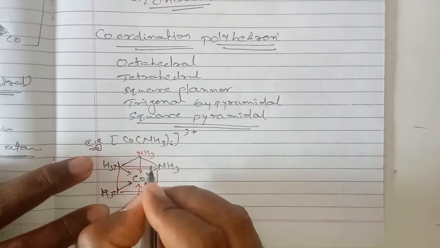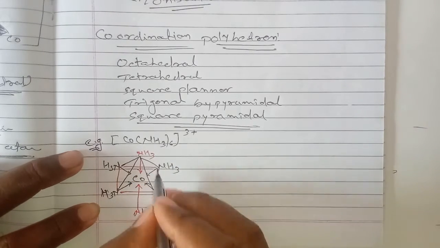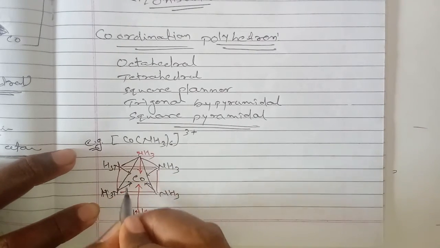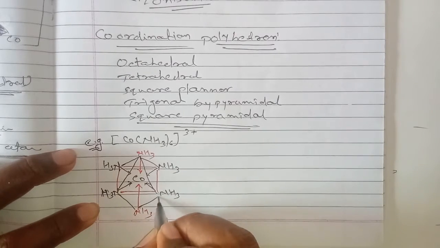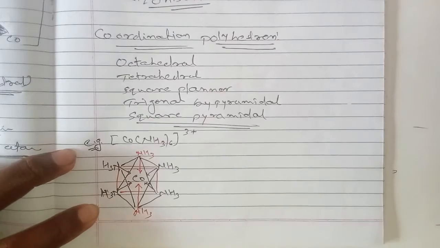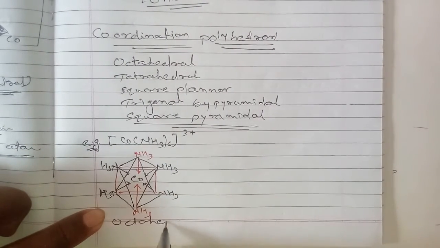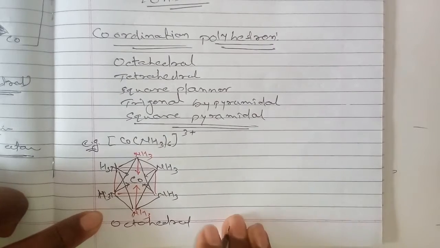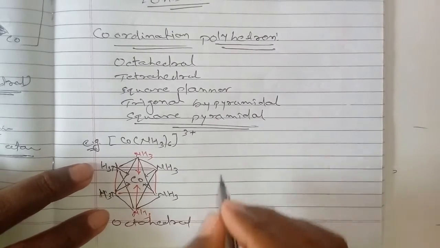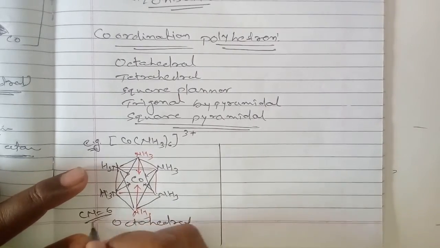So it is octahedral in shape, and its coordination number is 6.